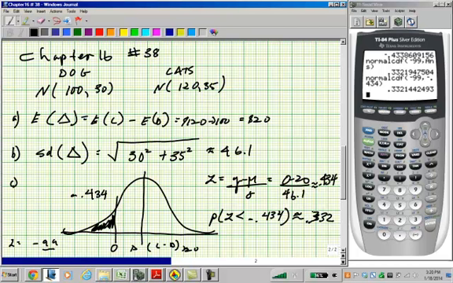Okay, so about a third of the time, the annual expenses for dogs are higher than the expenses for cats.